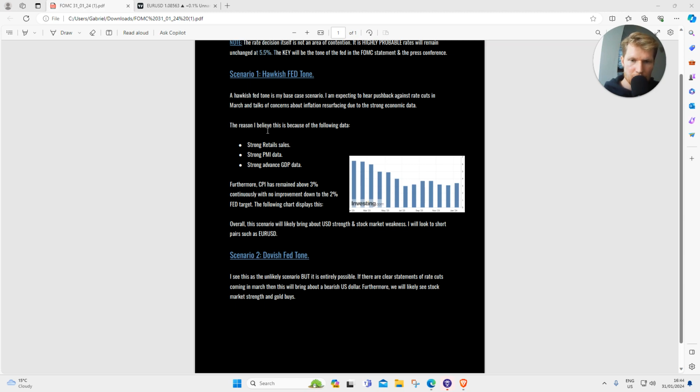In addition, CPI has remained pretty high at 3%, unable to get below 3%, continue its downtrend, and reach the Fed target of 2%. You can see in this little chart from investing.com that since July 2023 we've basically stagnated around 3%, and we can't get down to that 2% target.